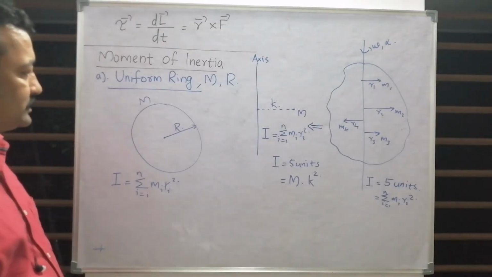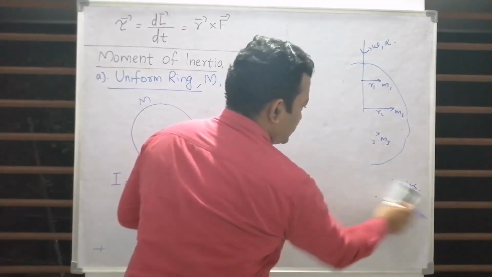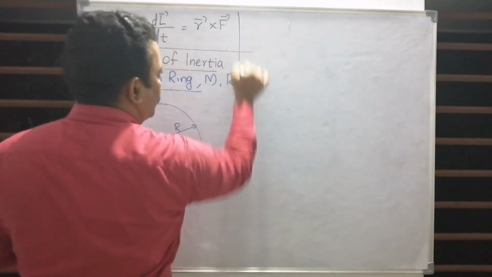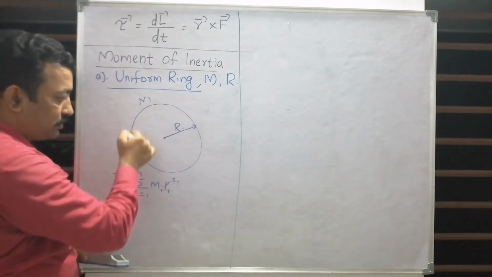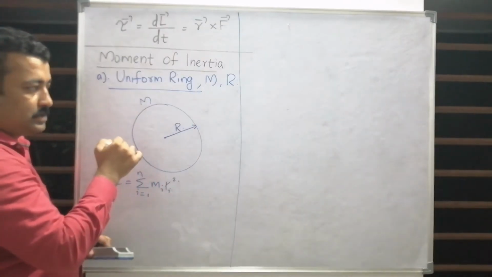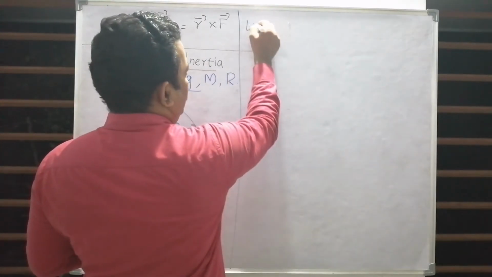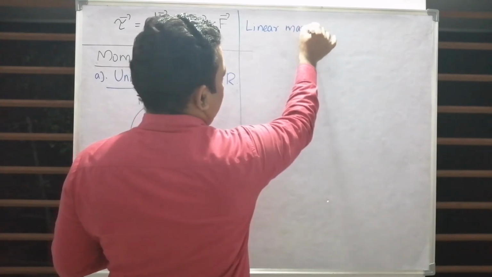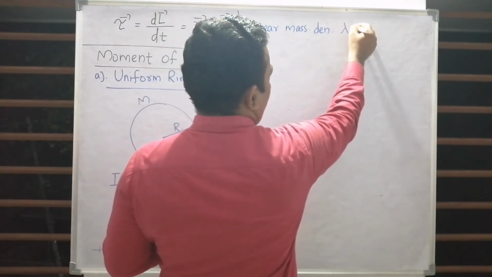To start with this, let us take a uniform ring. That means the mass is distributed uniformly around the circumference. So I can define one quantity that is called linear mass density, which can be expressed by lambda.